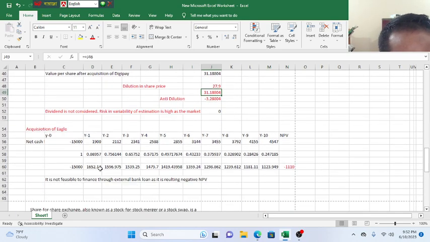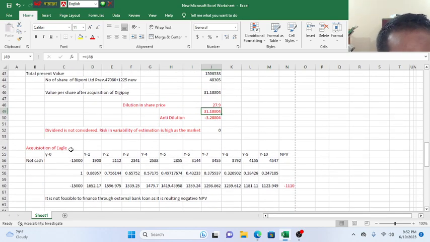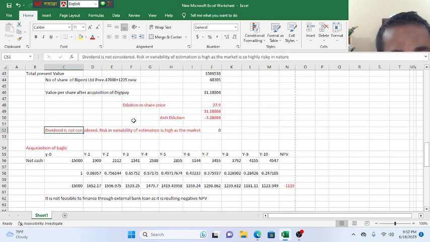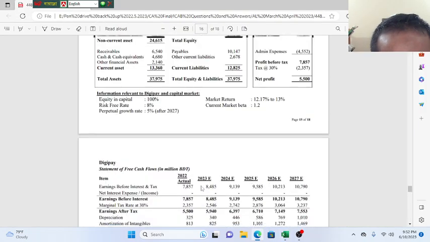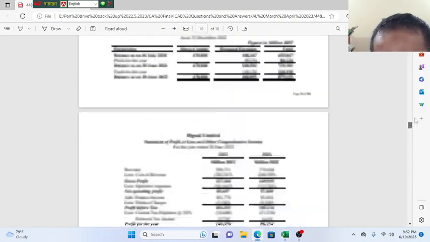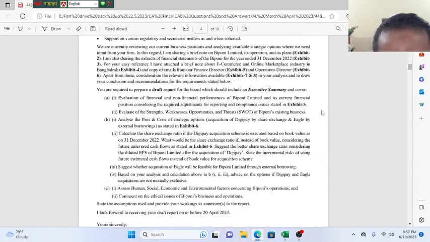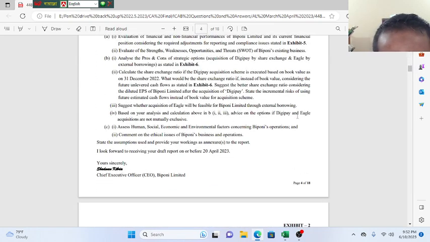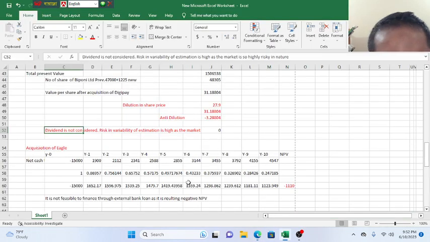Acquisition of Eagle, most important, the question said risks in variability of estimation. Incremental risks of using future cash flow. Incremental risks is there, the estimation may not be correct.